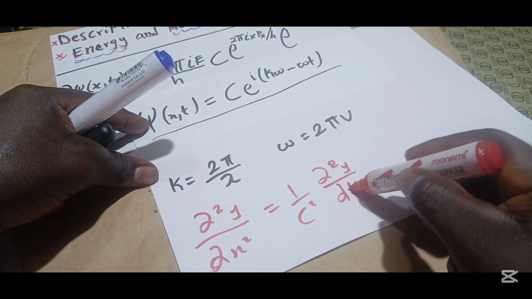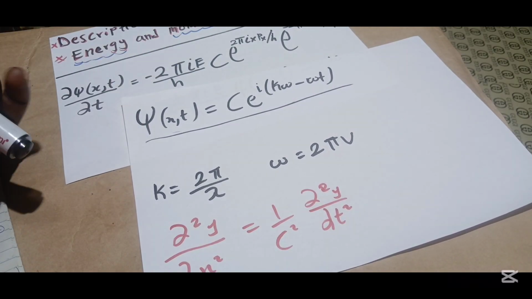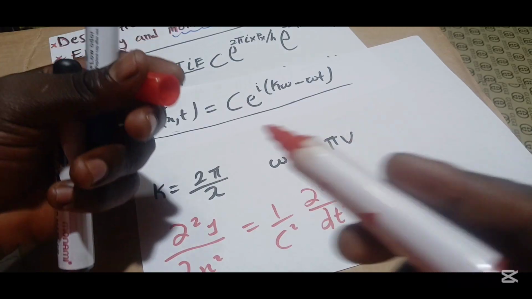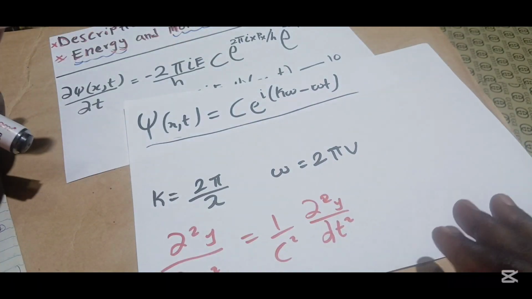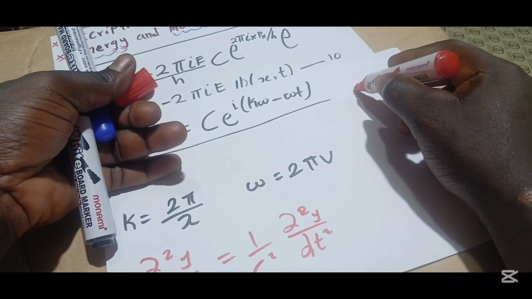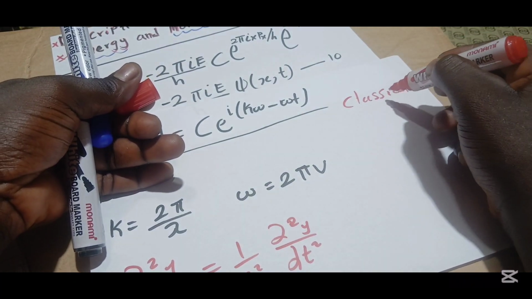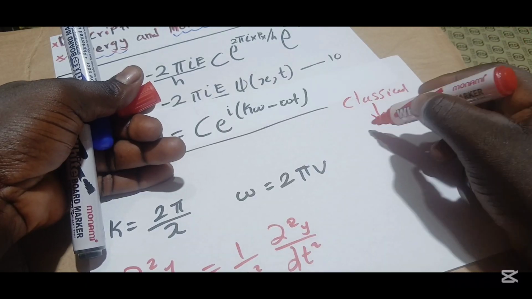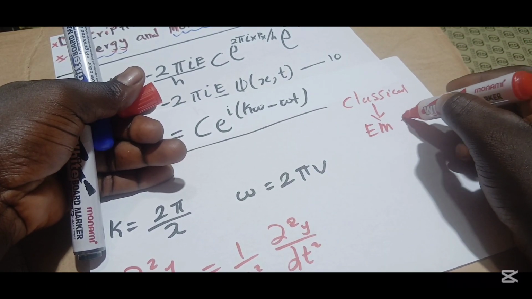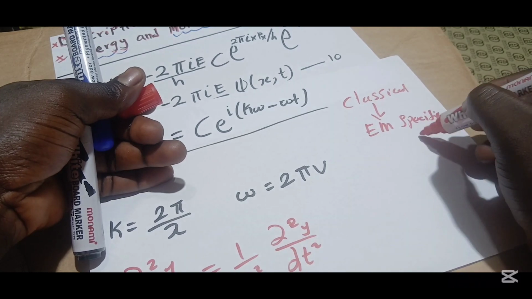And you might be wondering, what is the difference between a classical wave and an electromagnetic wave? In simple terms, an electromagnetic wave is a specific type of classical wave.